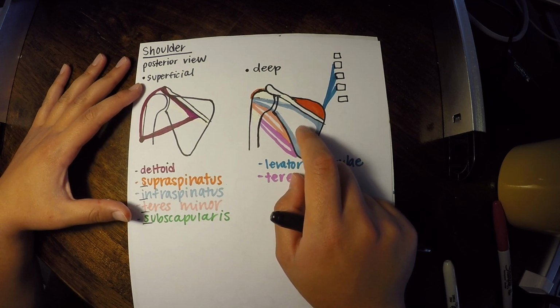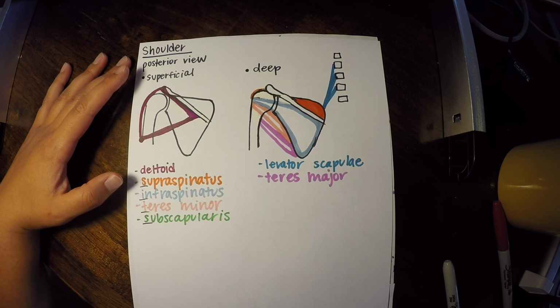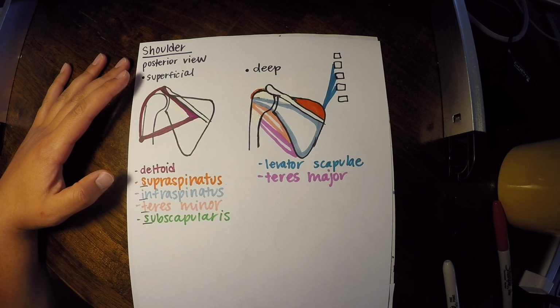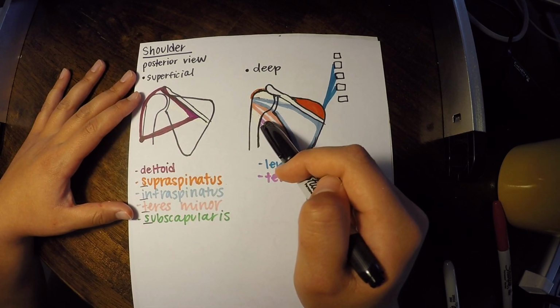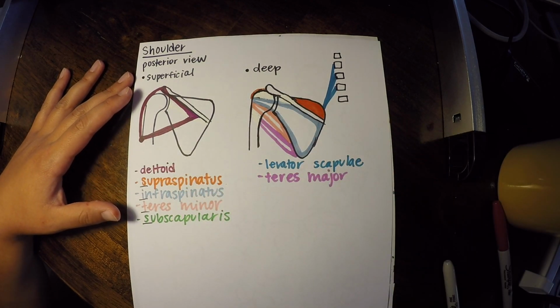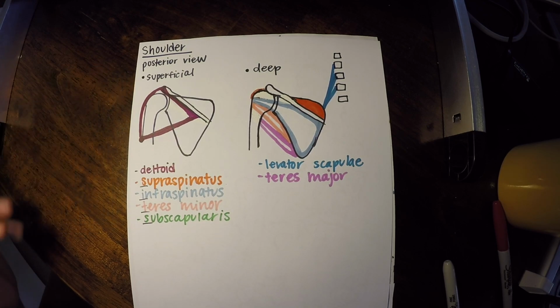Okay. Now, Teres Major is a little bit different because it attaches from a similar place on the scapula, but it comes and attaches to the anterior humerus. So the action is going to be the opposite of the infraspinatus and Teres Minor.